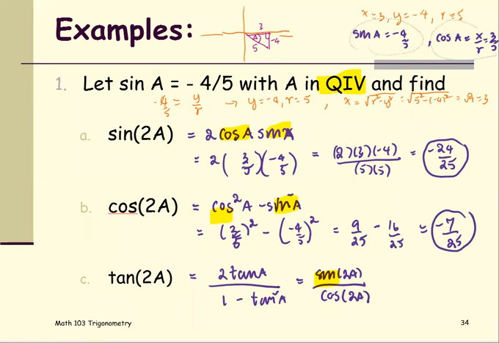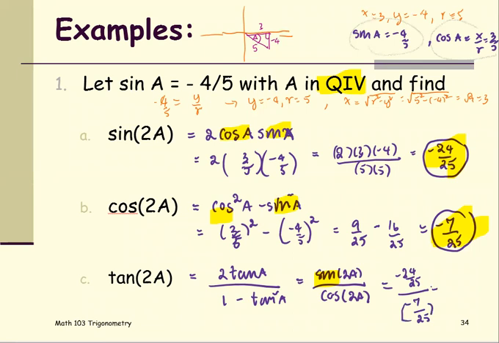Now we're going to use these two numbers to find the tangent of double angle A. The sine value is negative 24 over 25 divided by the cosine of the double angle, which is negative 7 over 25.